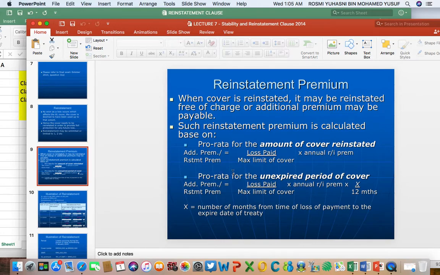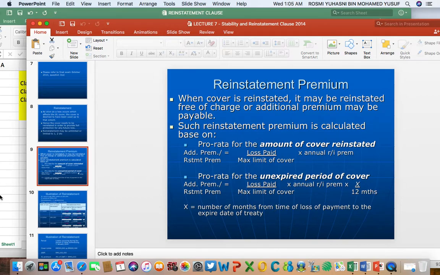The other way to calculate pro rata additional premium is by adding the unexpired period. Meaning the same formula, claims paid by the reinsurer divided by maximum cover times annual reinsurance premium, and you add another variable, times unexpired period of cover, meaning the period which is not yet finished. So it could be in months, X per 12 months.